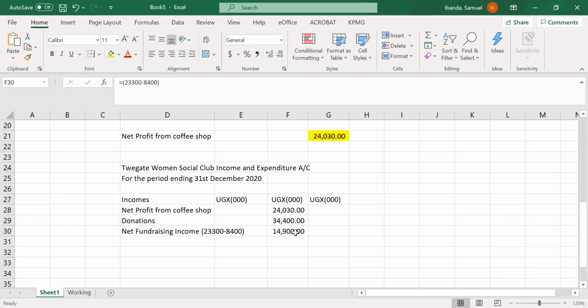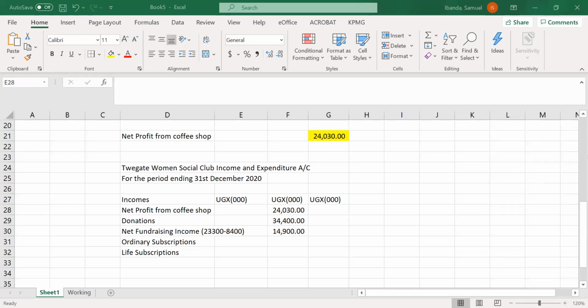So let's proceed. After that, we now proceed to look at our ordinary subscriptions, and we're also going to look at our life subscriptions. But before we look at them, I want you to take note that these have additional information to them.